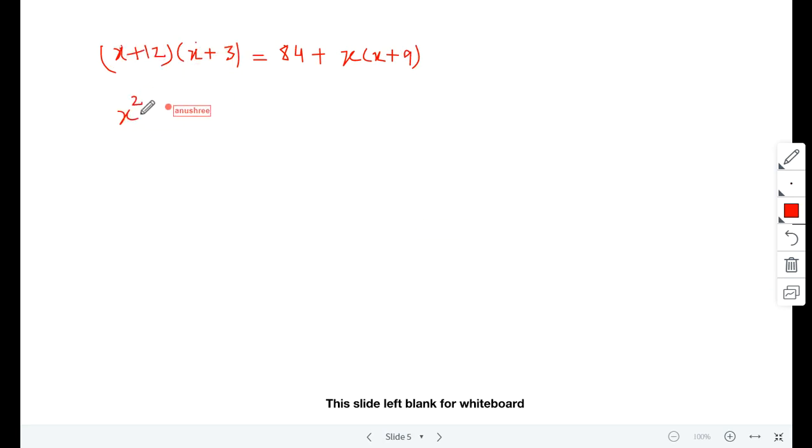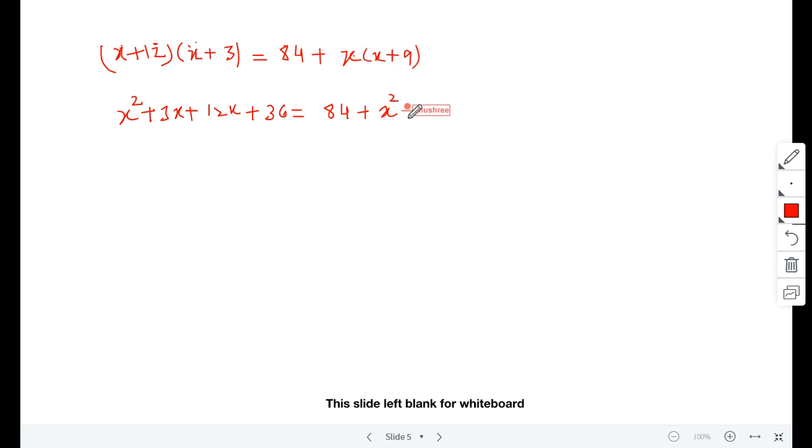First term with the second term, 3x. Second term with the first term, 12x. And second term with the second term, 36. This is how you multiply. Then it's 84 plus, when you open, x multiplied by x, x squared. Yes, done.